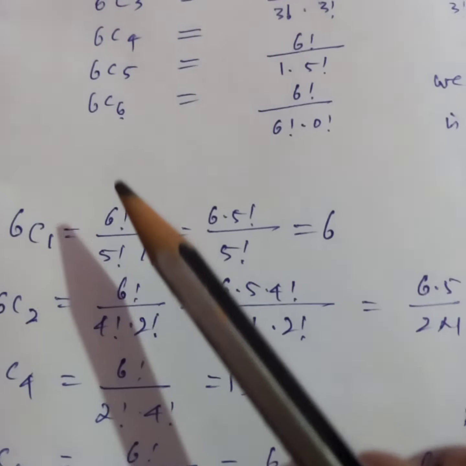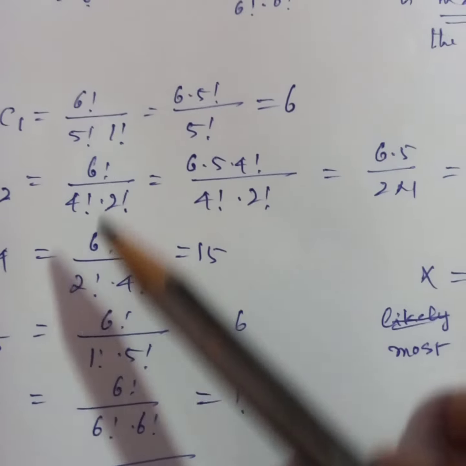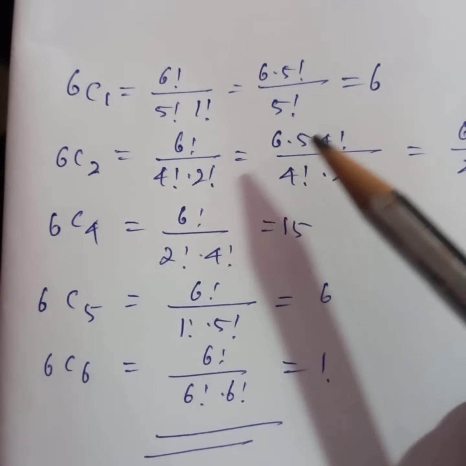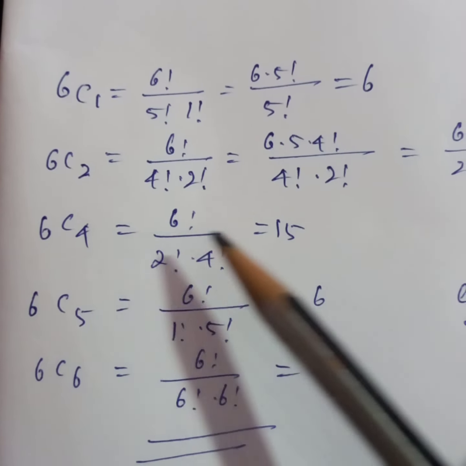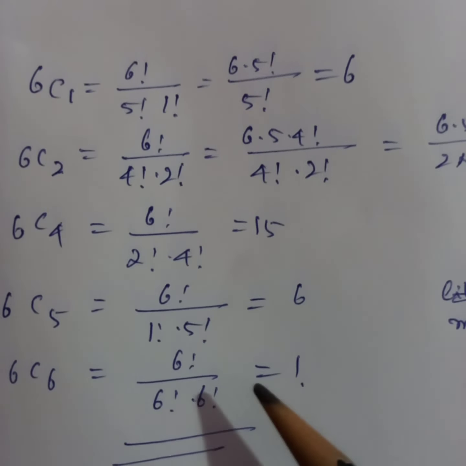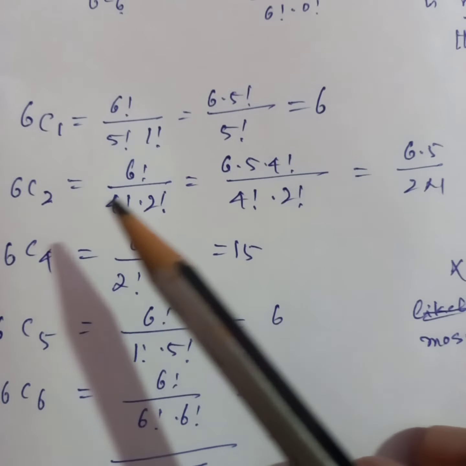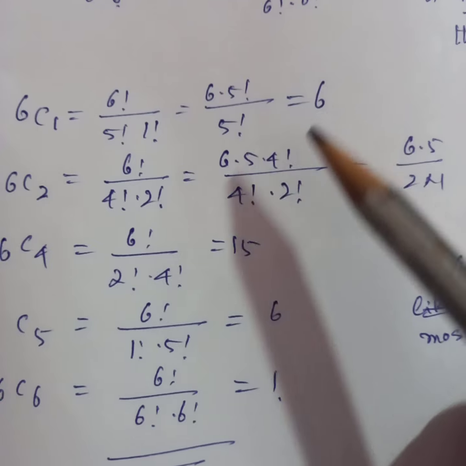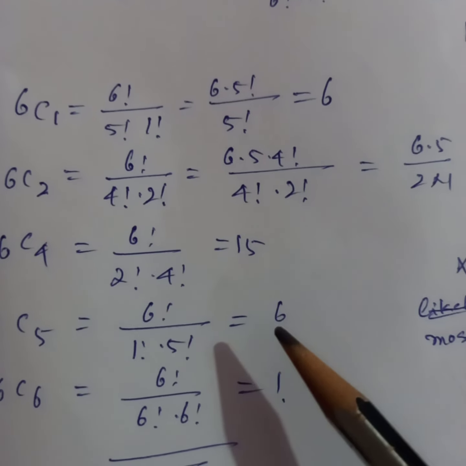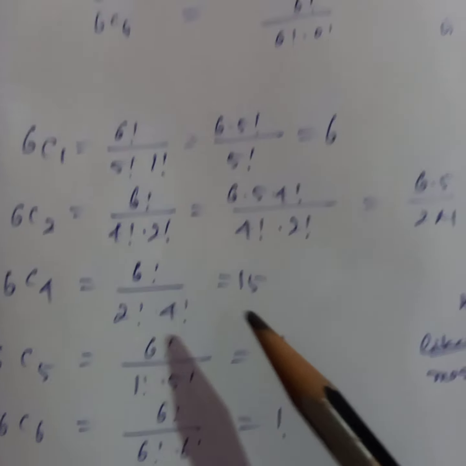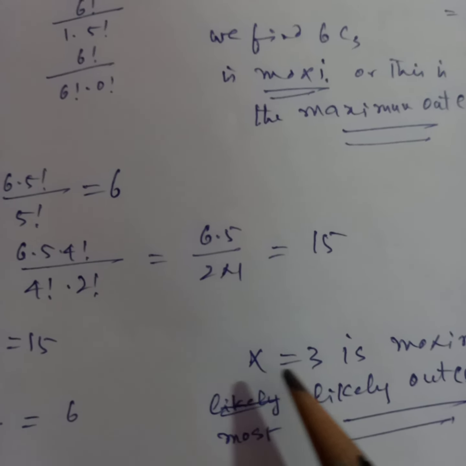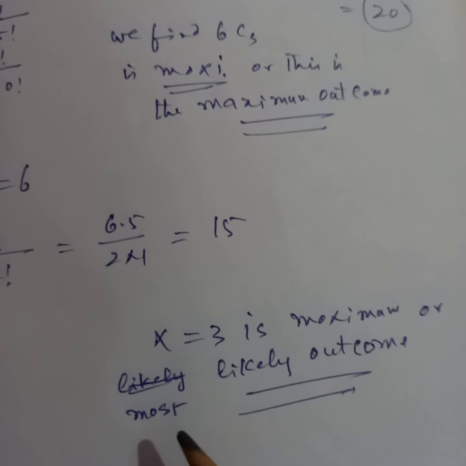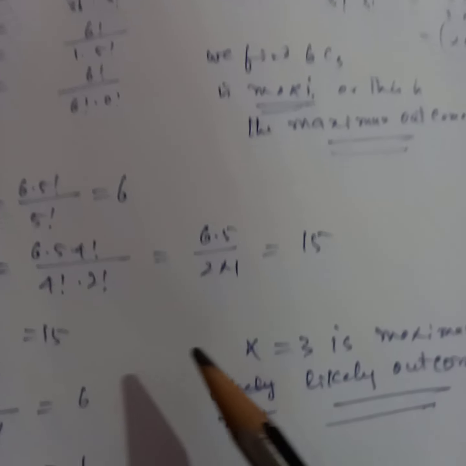We have to calculate all this to see whether it is maximum or not, and that we have done. 6C3 is 20, and these are less than 20. That is, this one is 6, this is 15, again this is 6 and this is 1. So x is equal to 3 is maximum or most likely outcome.